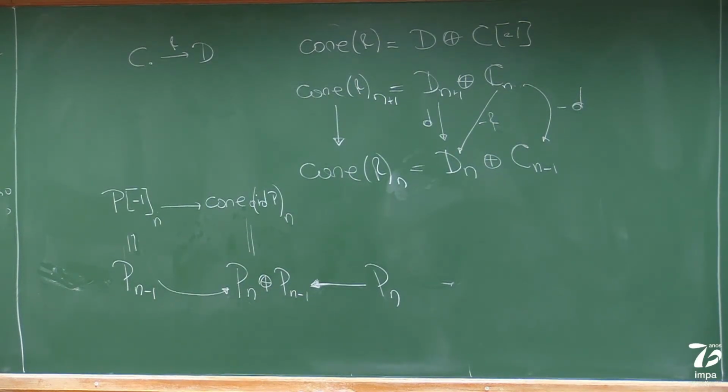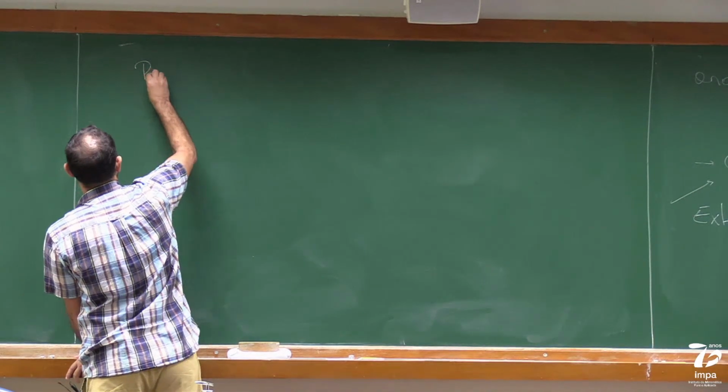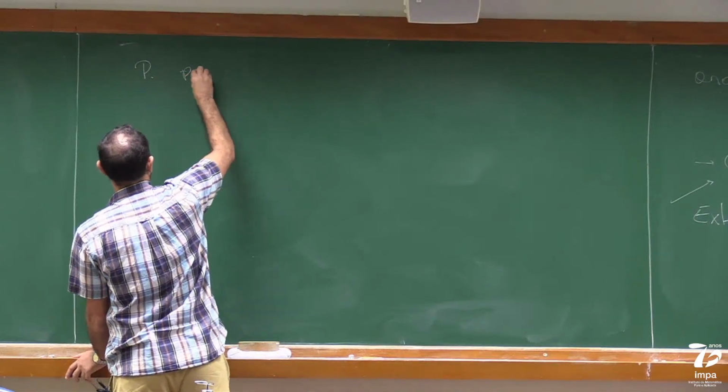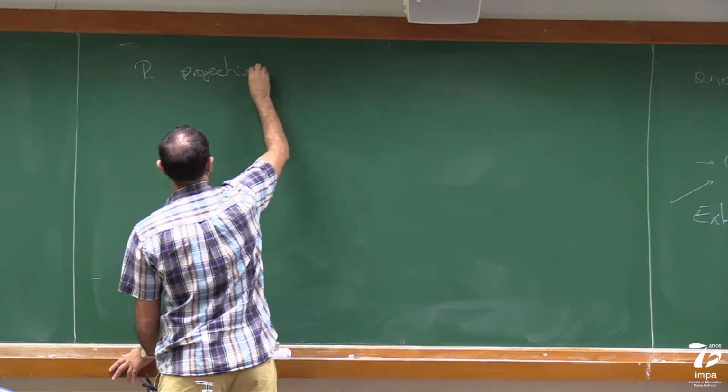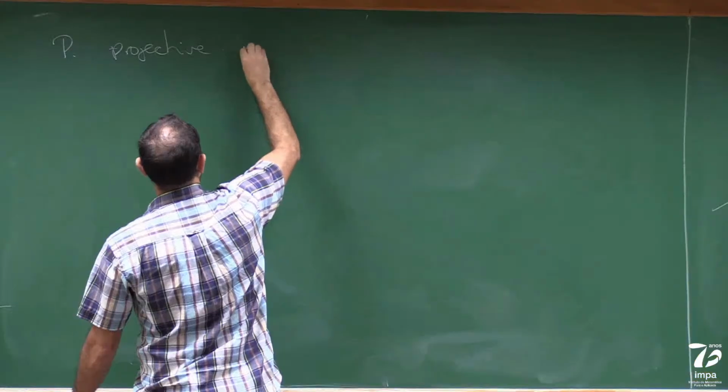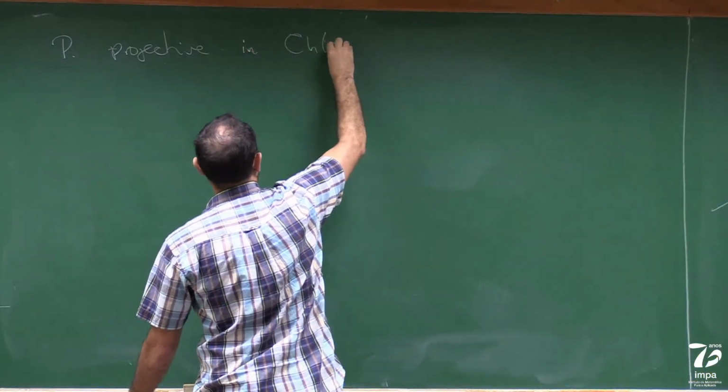So what we just constructed is the splitting that gives us that if P is projective in chains, then it's split exact.